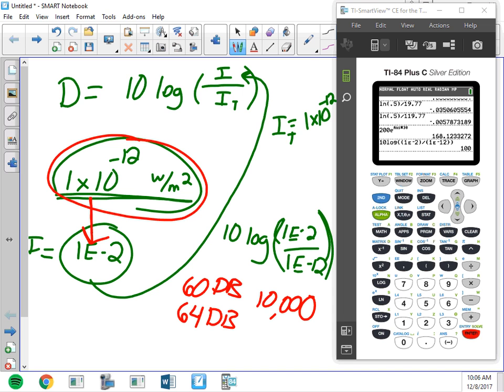If we do 10 raised to the 10th, it's not going to fit on our calculator, 1e10. So that would be 10 billion. It's 10 billion times stronger. Yikes. That's a lot.